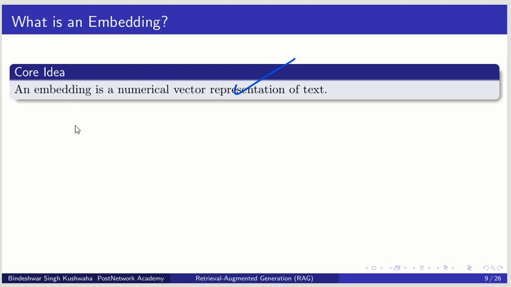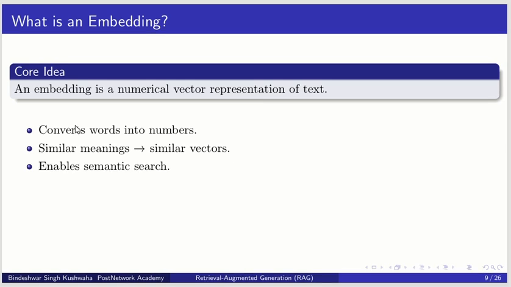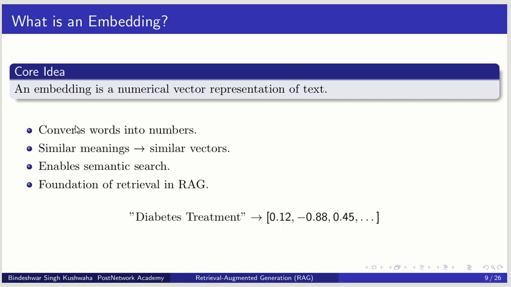All the concepts of NLP are used to convert words into numbers, similar meanings into similar vectors, and enable semantic search. It is the foundation of retrieval in RAG. As I explained, something like diabetes treatment would be converted into a vector, which is called an embedding.